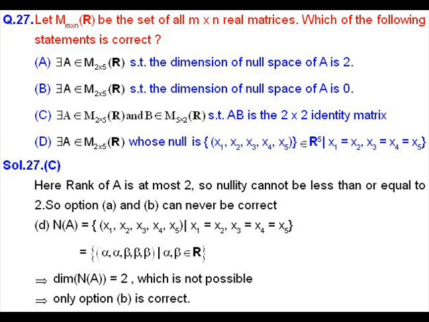So in fact it is clear that the nullity of A cannot be less than 3, that is, it cannot be 0 or 2. So clearly options A and B are not true.